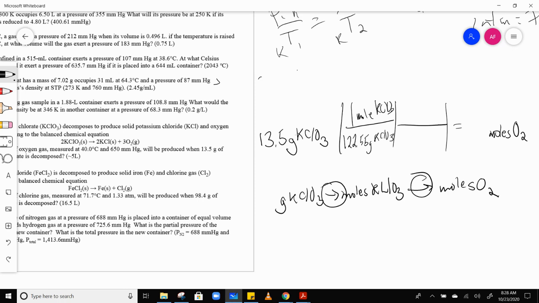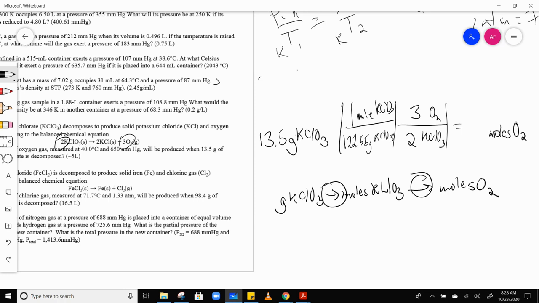And then we want to go to moles of O2. And this is the molar ratio. The molar ratio comes from the balanced chemical reaction. It's 3 O2 for every 2 KClO3. Okay, so we do 13.5 divided by 122.55 times 3 divided by 2.